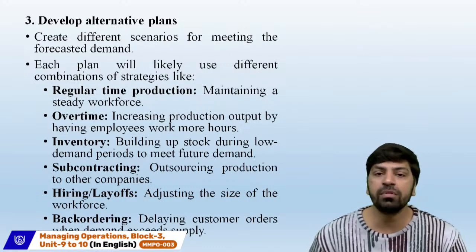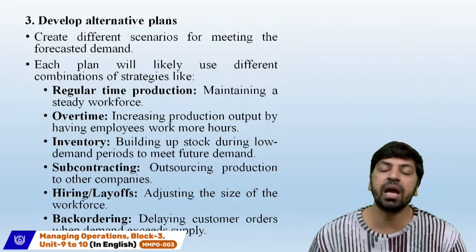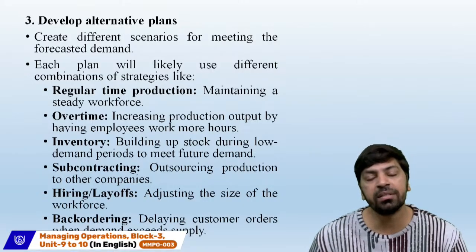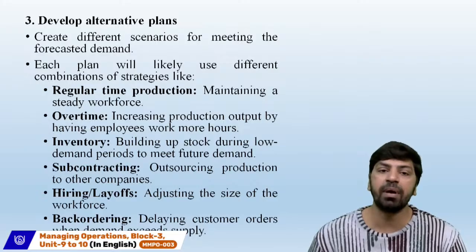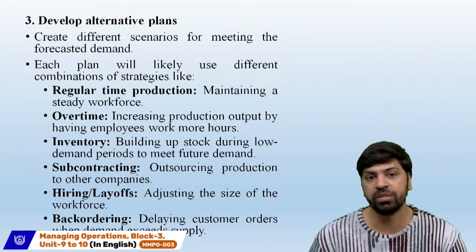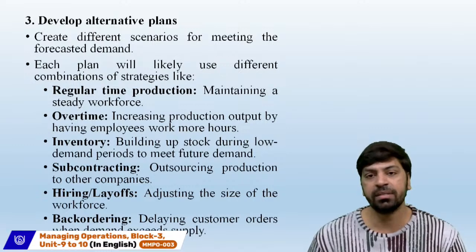Subcontracting is outsourcing production to other subcontractor firms to meet the demand. Hiring and layoff adjusts the size of the workforce, and back ordering means delaying the customer's orders when demand exceeds supply.